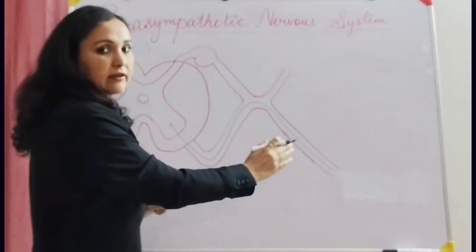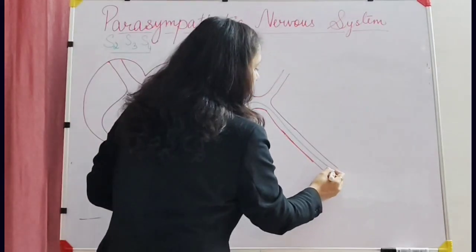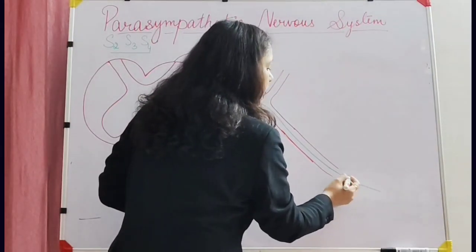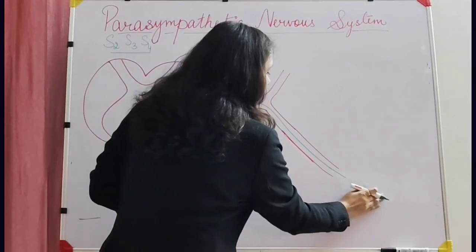These are the preganglionic fibers, which are myelinated, and they go along the ventral ramus and finally leave it.